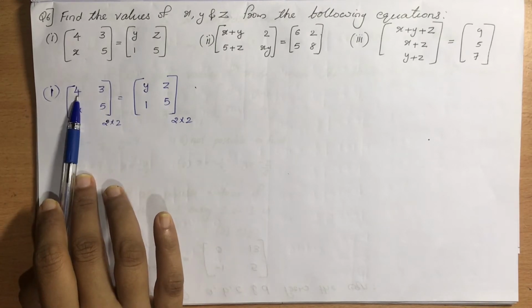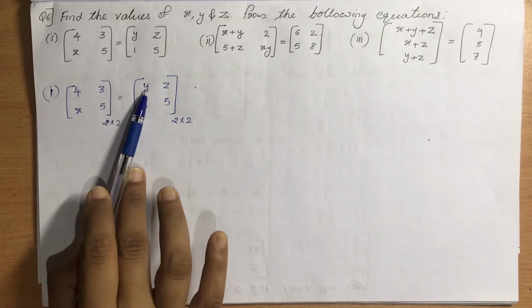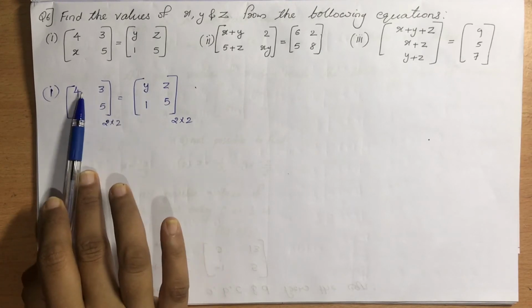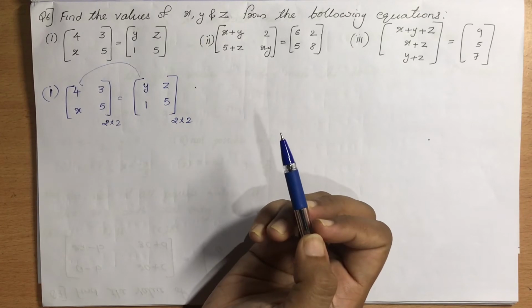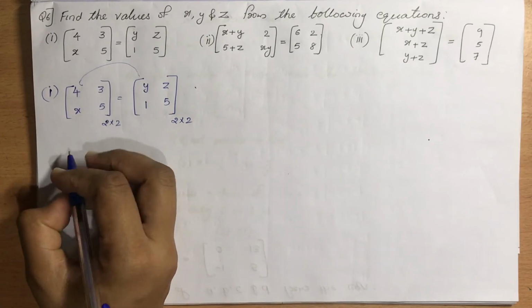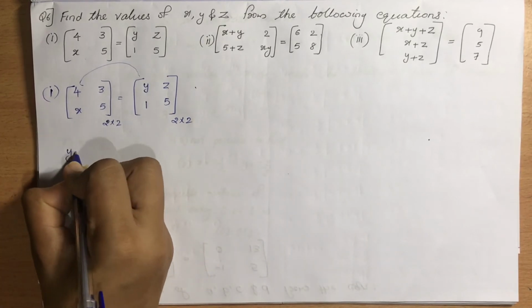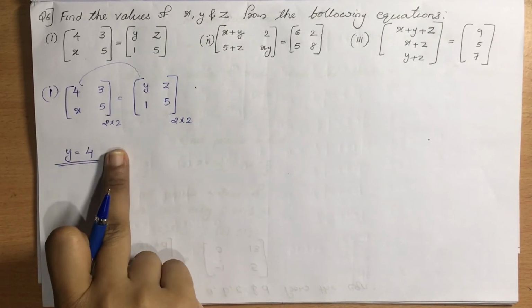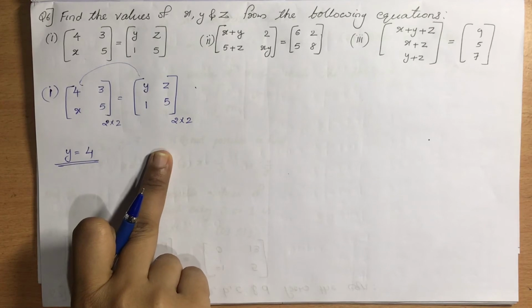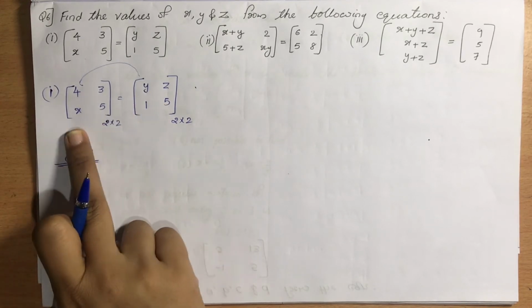What is the first element here? 4. What is the first element of the second matrix? y. So y equals 4, because corresponding elements are equal. Here the two matrices have the same order, 2 by 2, therefore corresponding elements are equal. So y equals 4.